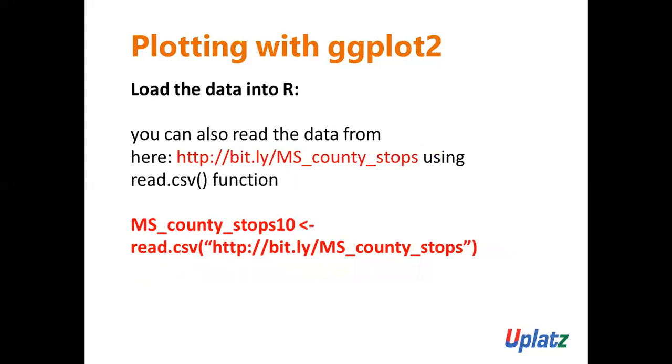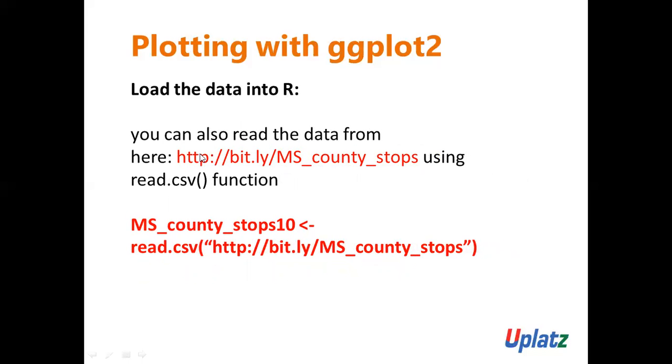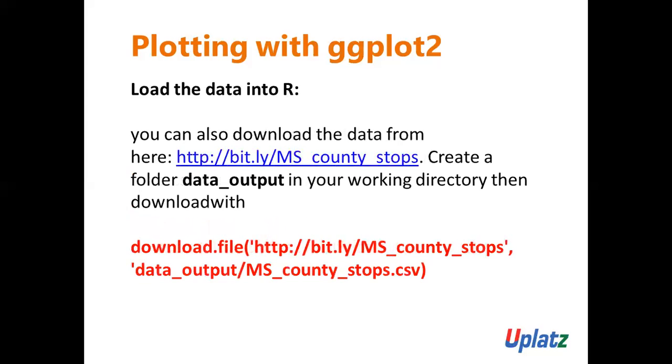Got it? Now the next thing is you can also read the data from here using the read.csv function. See here, this is the link, http://bit.ly/ms_country_stops. Both these links are the same.